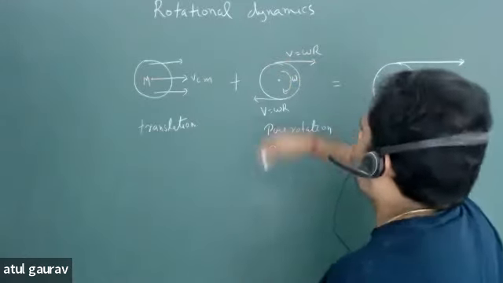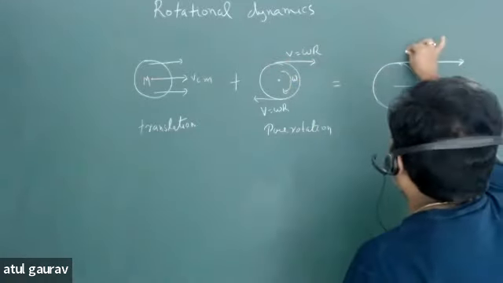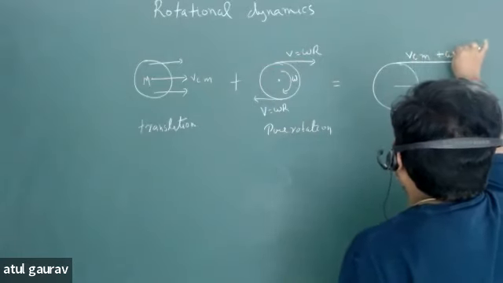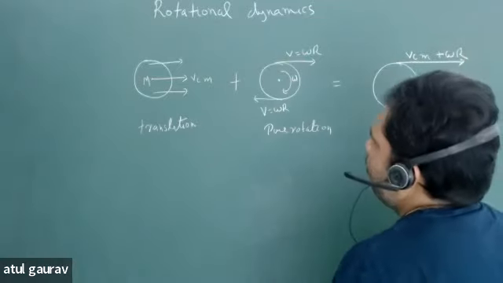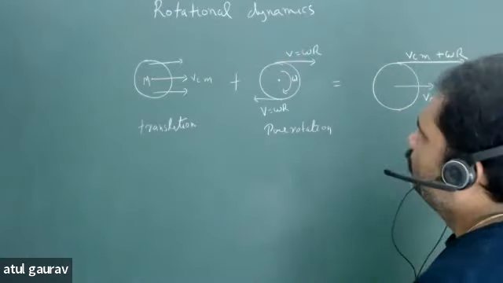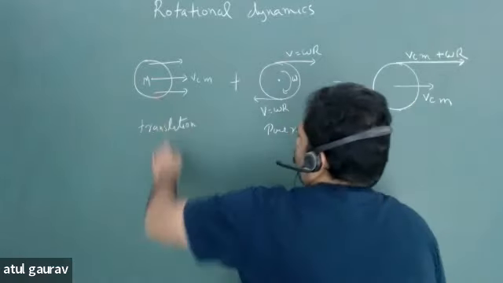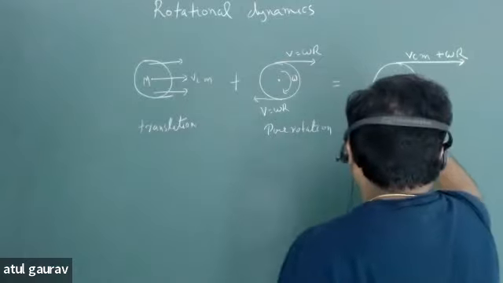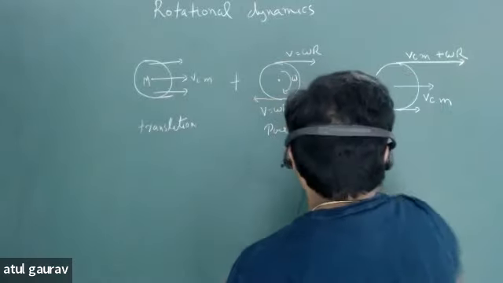Suppose it is moving in this direction. So we have this value equal to VCM plus omega r, and this point will go in this direction and this in this direction.